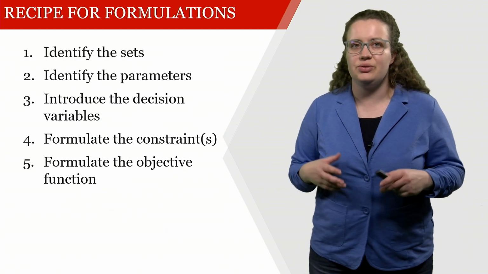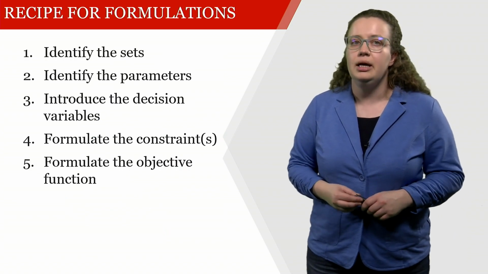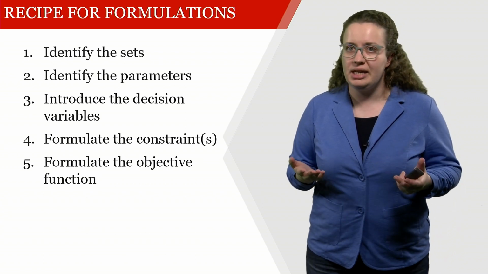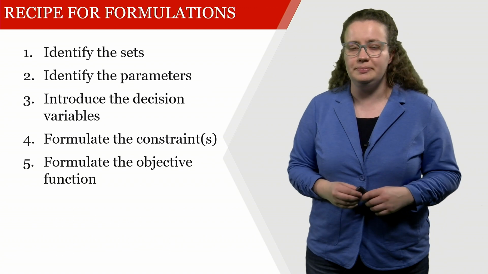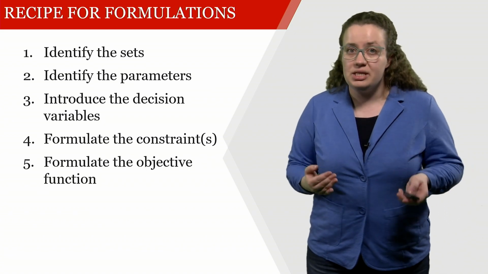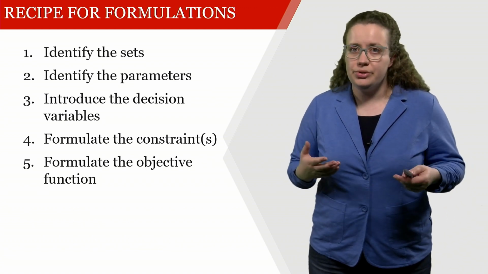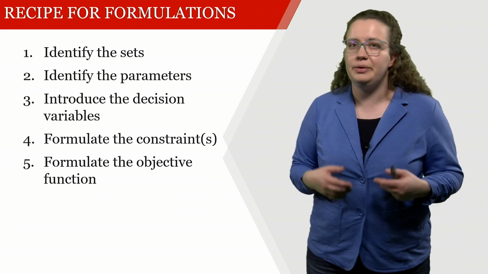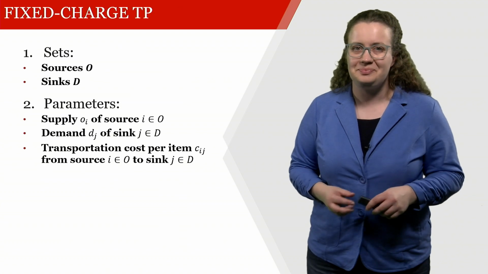We're looking into the recipe for formulations: identifying sets, parameters, introducing decision variables, formulating constraints, and the objective function. From this point, we're going to use the transport problem as a template for our math model, and we're just going to extend that a little bit.